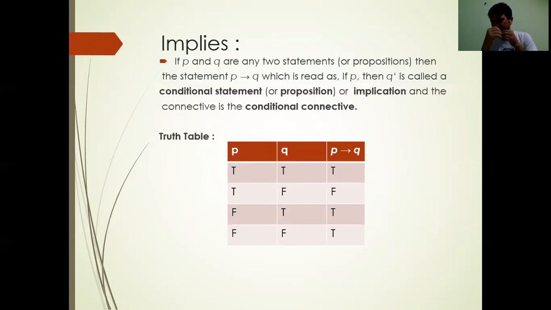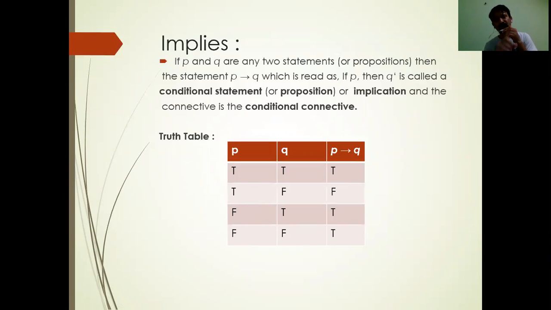So we can use this one as a formula. If P is true and Q is true, then it is true. If P is true and Q is false, it is false. Then true, true, false, true. So except in one case, remember all these truth tables are very, very important.